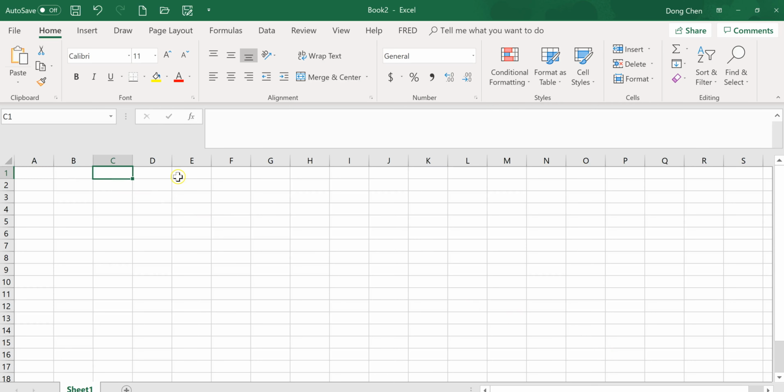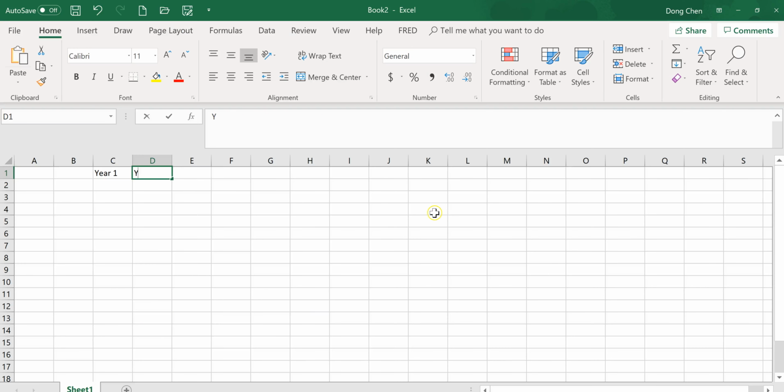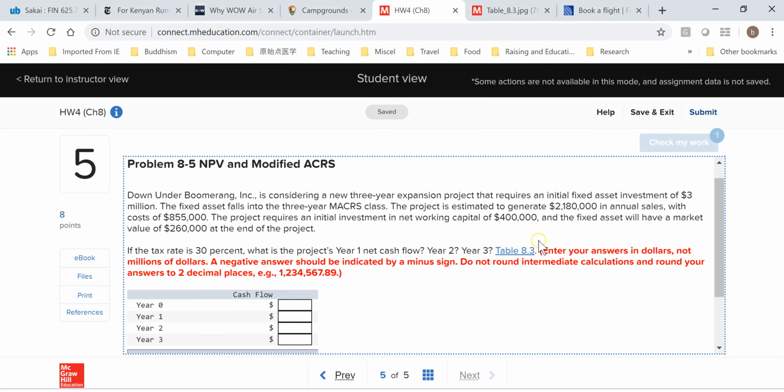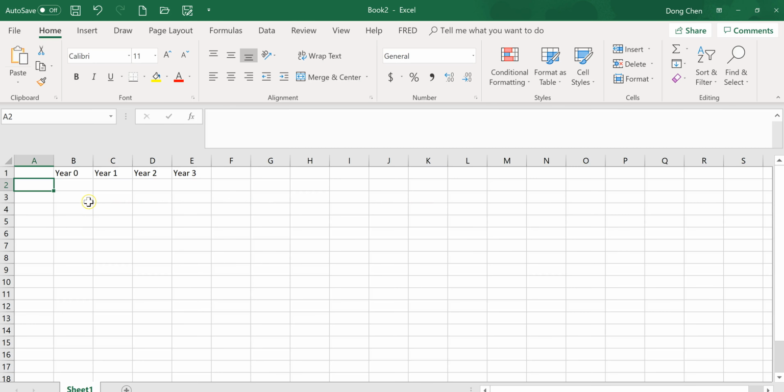This is a 3-year MACRS class. So we have year 1, year 2, year 3, and we can also have year 0, which is the current year. Because some of the cash flows, for example, the fixed asset investment, are incurred at year 0.